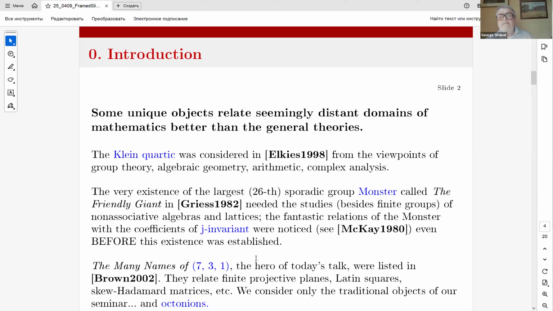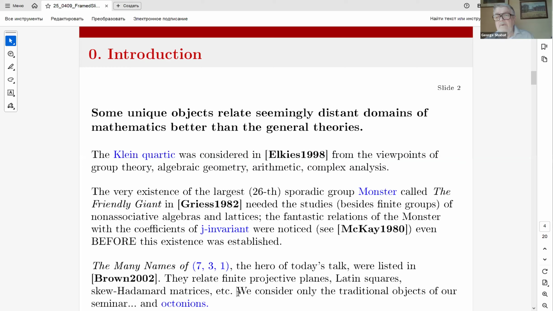And now in the last paragraph of this slide, I quote a person I don't know, but it lists several topics in mathematics that are related to it, like finite projective planes, Latin squares, skew-Hadamard matrices, and so on. It is just the existence statement.